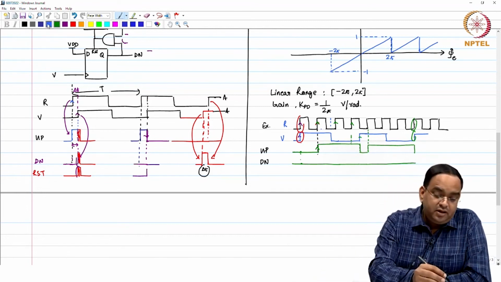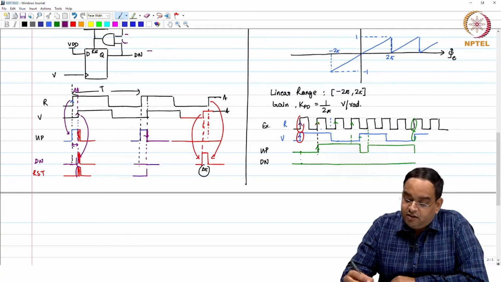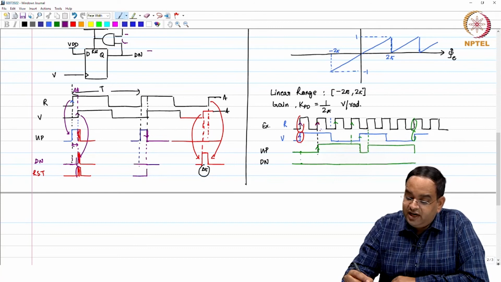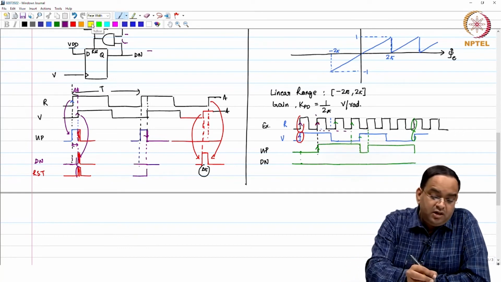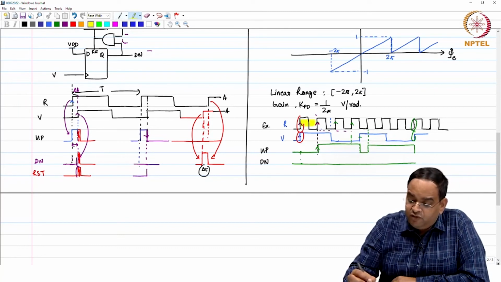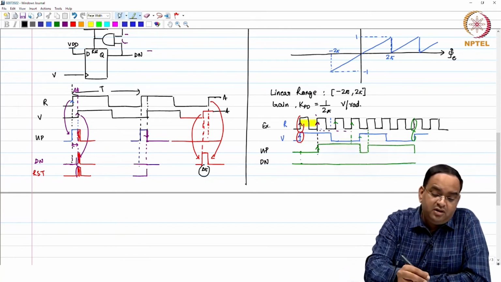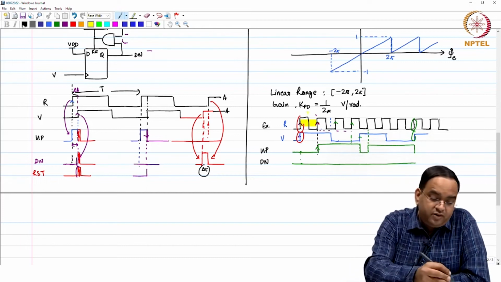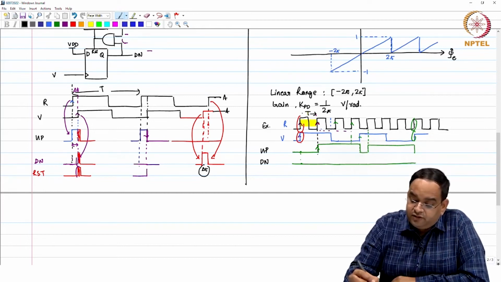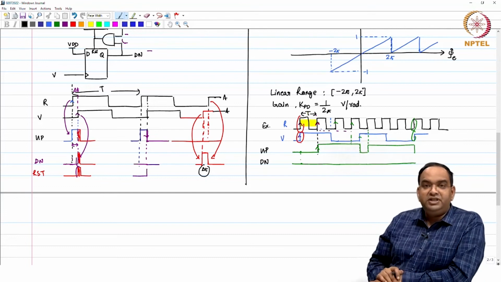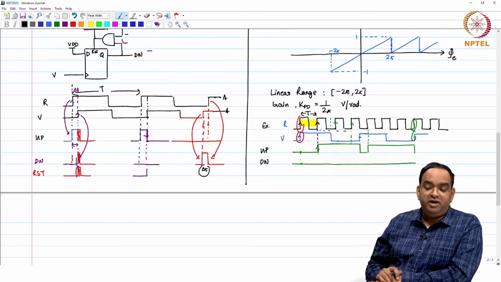So, here if you think about it, the phase error which you are measuring at any given instant of time, we are measuring with respect to the reference clock period. As I told you, you are always measuring the phase error with respect to the reference clock period. Okay. So, in the first reference clock period, you see that the error is 0, right, because they both are aligned.